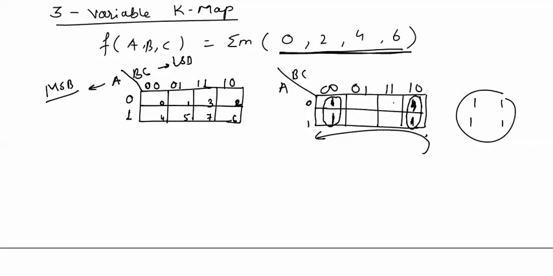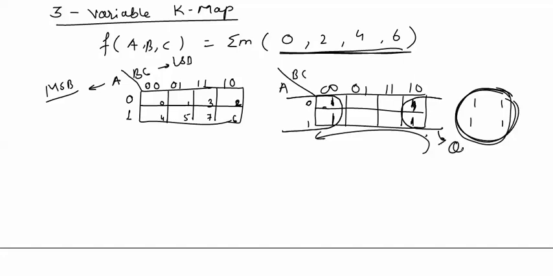If there are 4 ones adjacent to each other, we can have a combination of 4, that is a quad. So these two pairs will be converted into a quad. So a K-map can be folded to get 4 ones together. This group of 4 ones will be called a quad, and for this we will write the expression f.